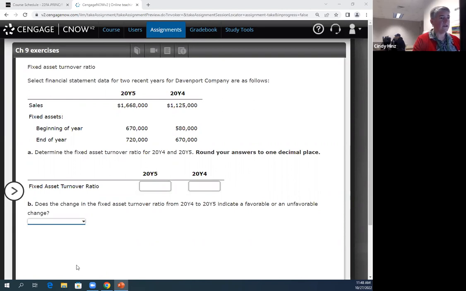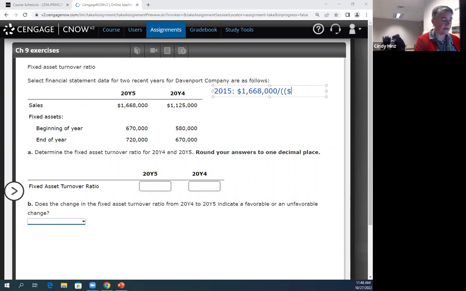So let's do the calculation for 2015. We know that the numerator is going to be their sales from the income statement. And the denominator is going to be the average fixed assets book value. They've already given us here, it doesn't say, but we can assume that this is the book value of their fixed assets.